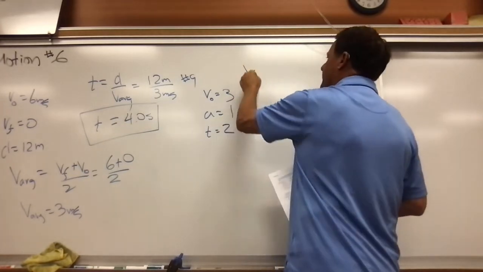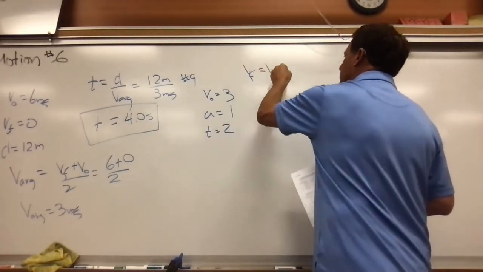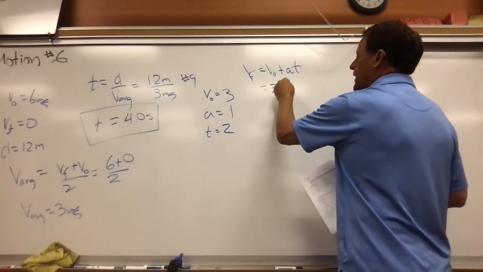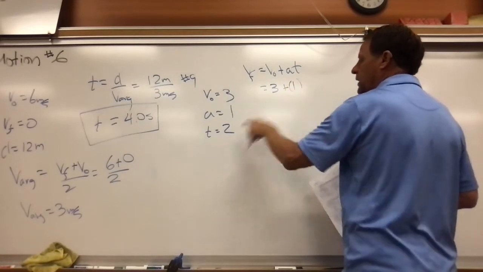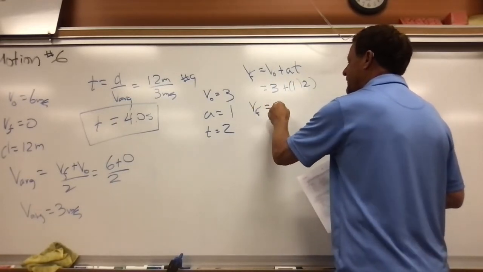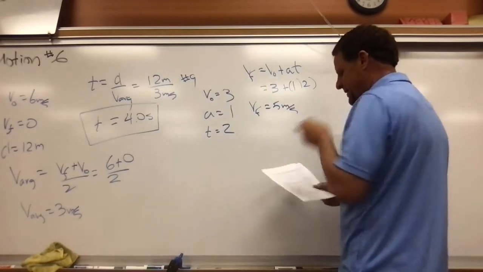So our final velocity is equal to our original velocity plus AT. So we're going to have 3 plus 1 times 2 gives us a final velocity of 5 meters per second.